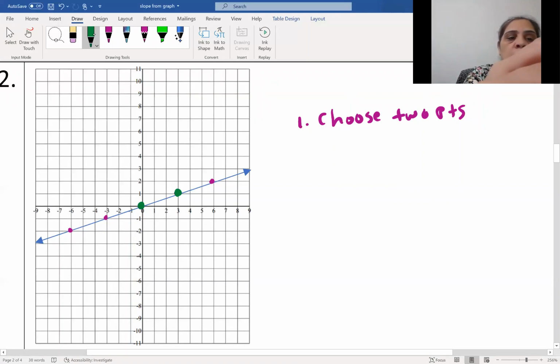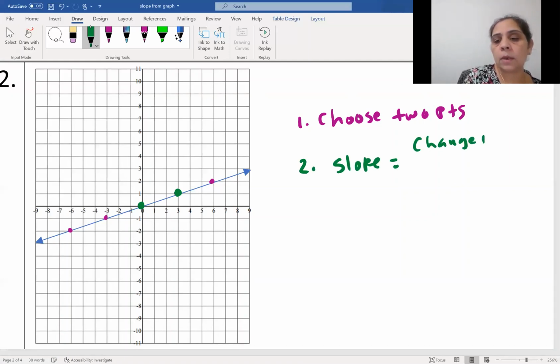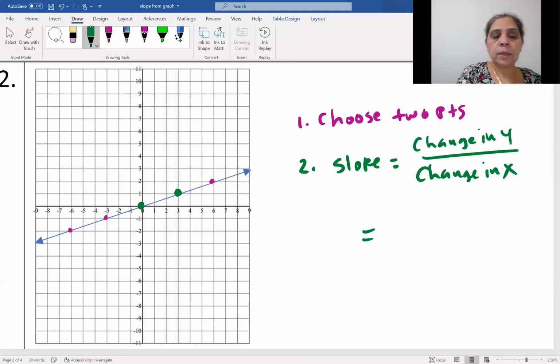All right, so we need to do change in y divided by change in x, right? Slope is change in y divided by change in x. So for change in y, from this point you are going up. You start from the left hand side point, whatever you choose.